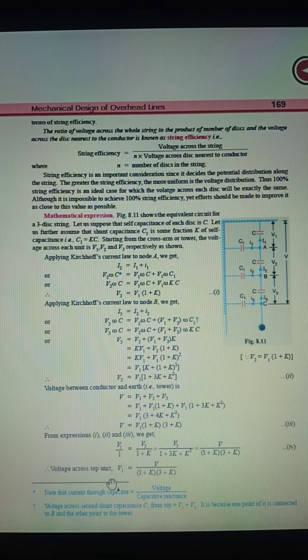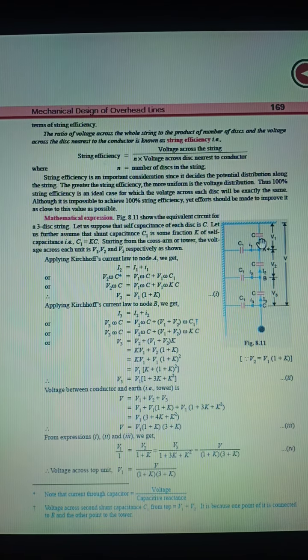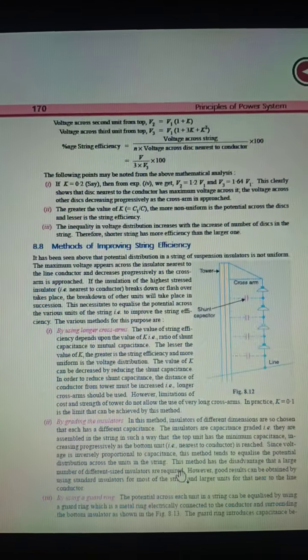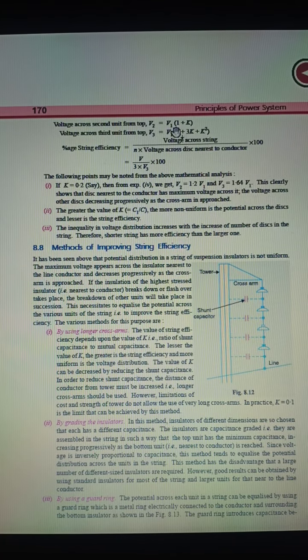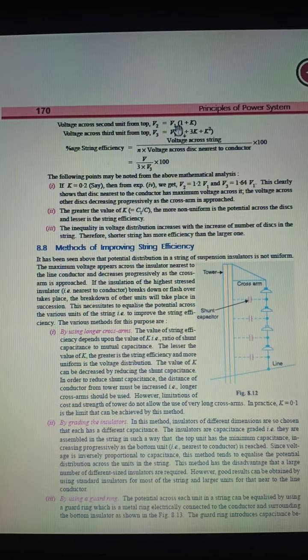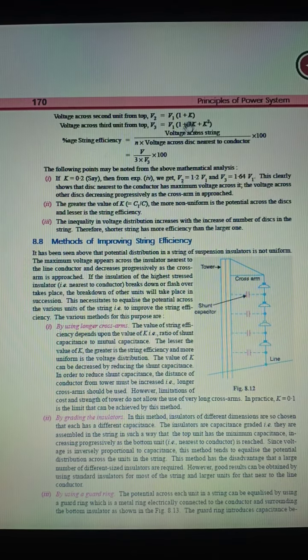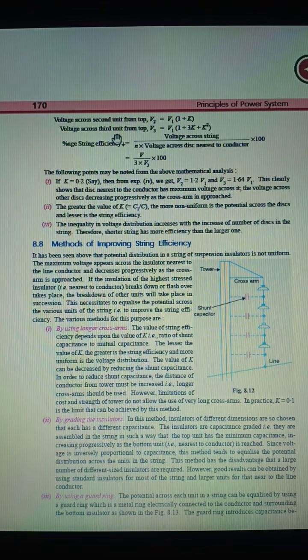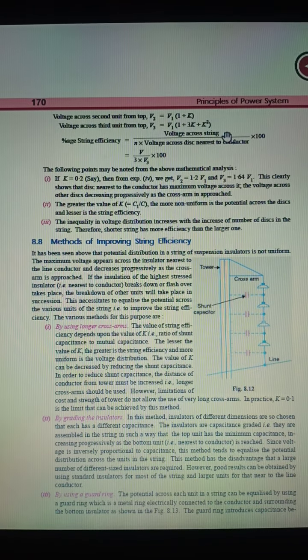So the voltage across the top unit, V1, equals V by (1 plus K)(3 plus K). The second unit from the top, V2 equals V1 into (1 plus K), and the third unit from the top, V3 equals V1 into (1 plus 3K plus K square).